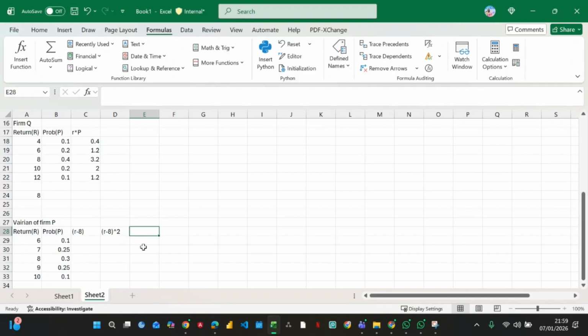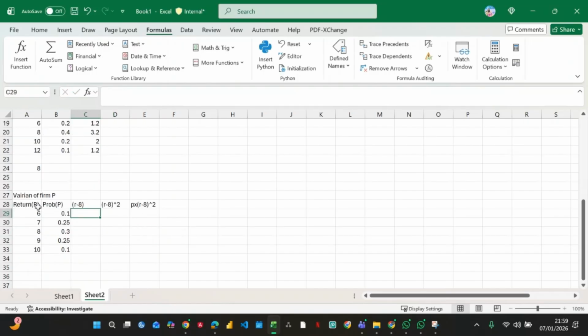So the next thing here, we're going to get our probability multiplied by this one. So we have this probability multiplied by this raised to the power of 2.